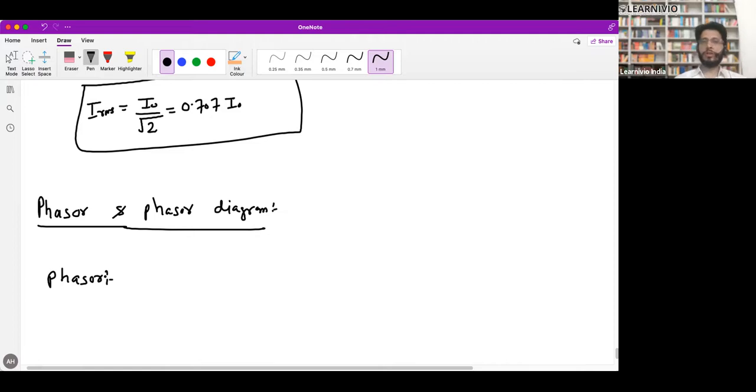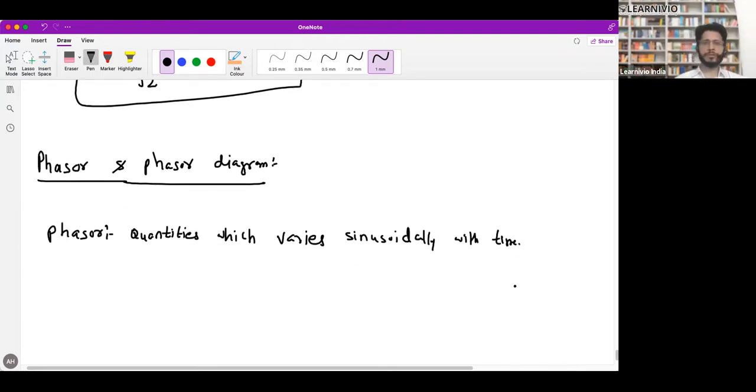Those variable quantities which have sine or cos in their equation have a very particular type of variation, which is known as phasor. When we say sinusoidally with time, we mean these quantities either have sine or cos in their equations.